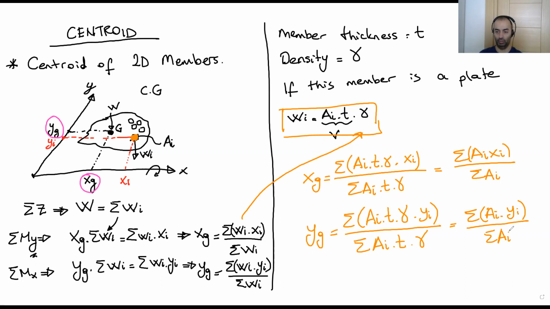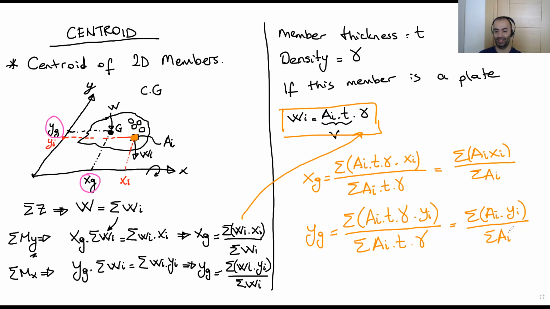If I have a surface member, if I have an area, I can calculate its center of gravity using these equations. Instead of using weights here, we're going to use areas. I'm sorry, A is the area.